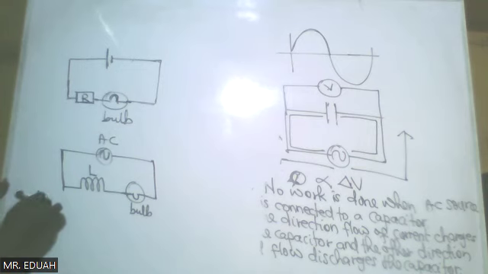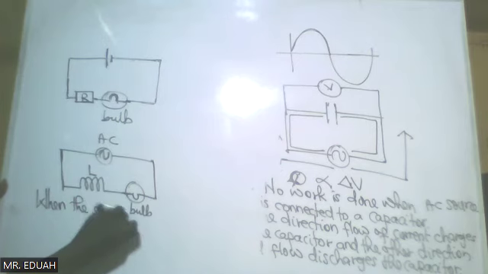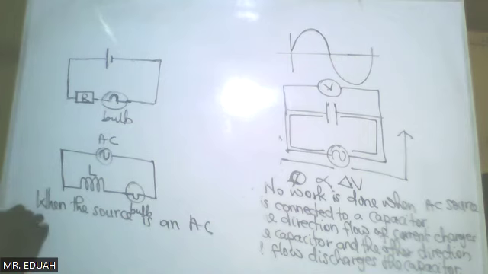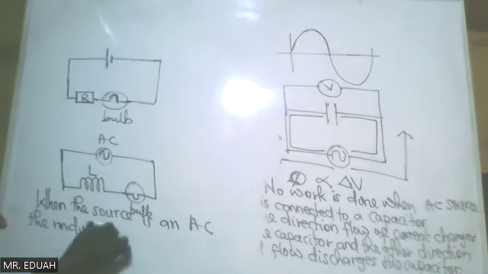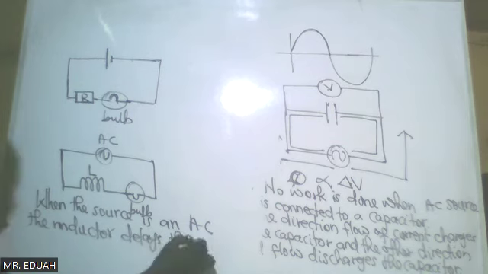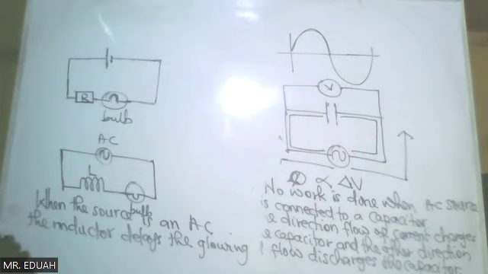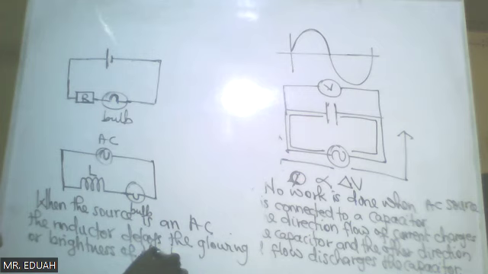So when the source is an AC, the inductor delays the glowing or brightness of the bulb.